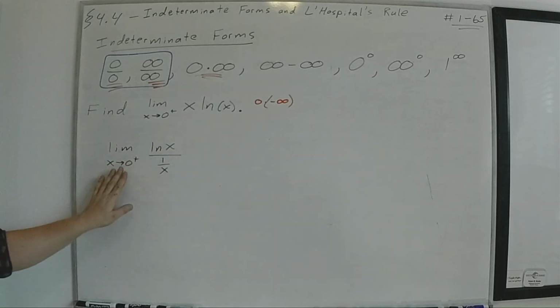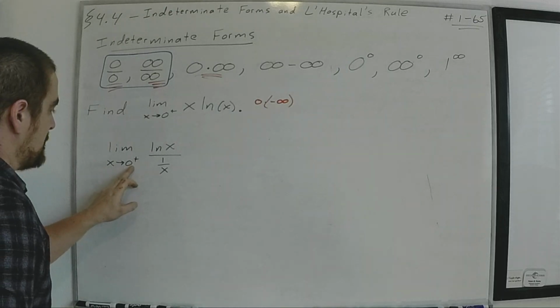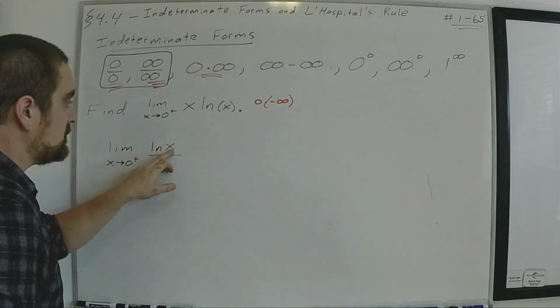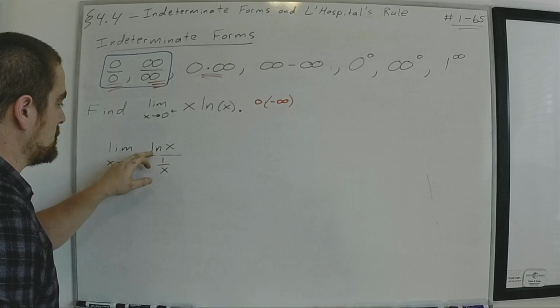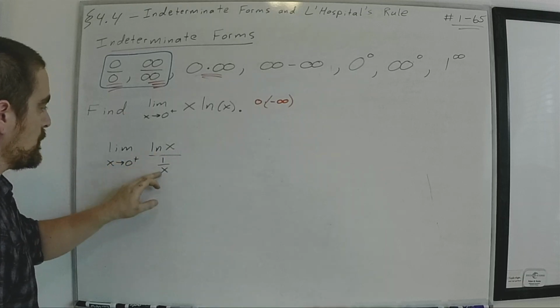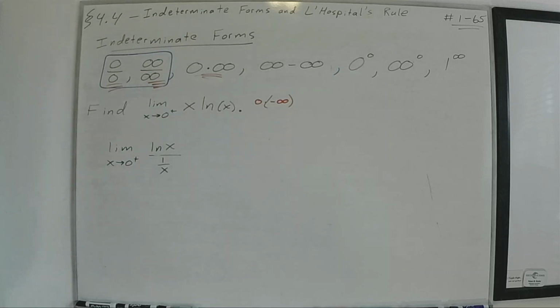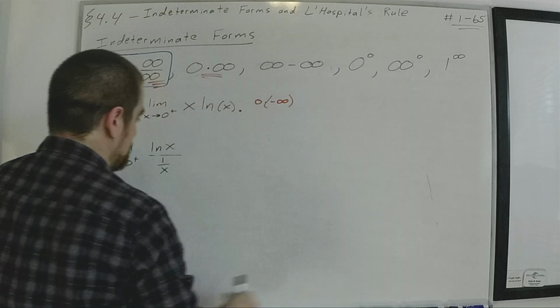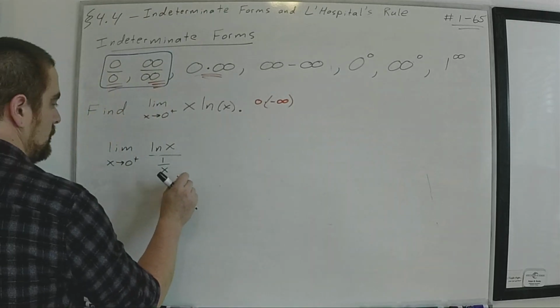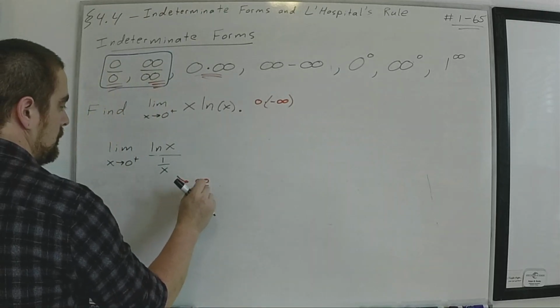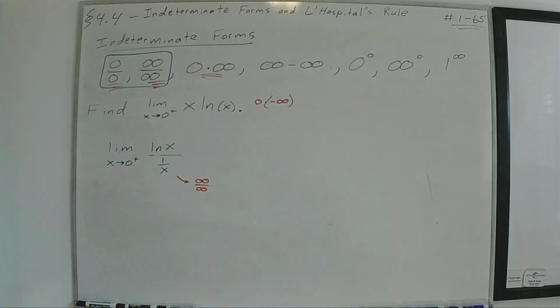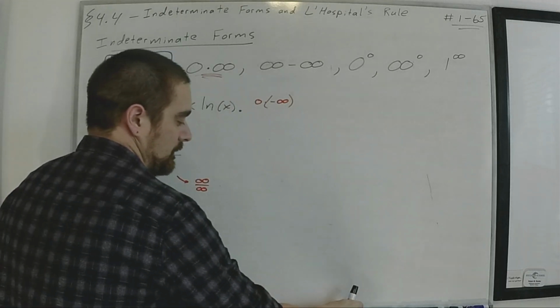But now when you look at it in this form, as I approach 0 from the right, this still goes to negative infinity, the log function. And 0 here, 1 over 0, right? That's like going to infinity from the right as you approach 0 from the right. So now you're stuck in a form that looks like this, which means now you can apply L'Hopital's rule.